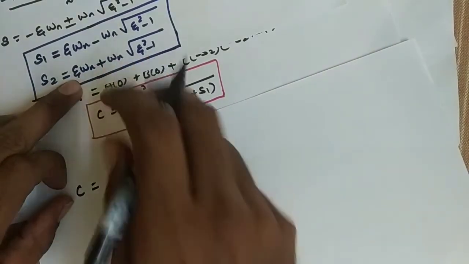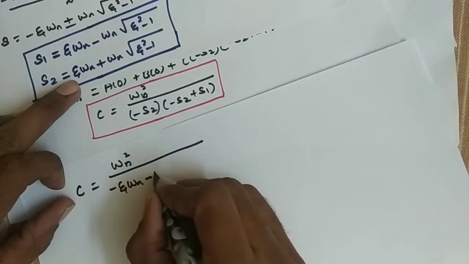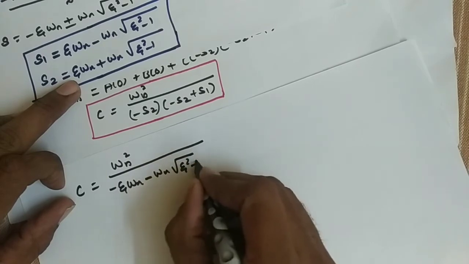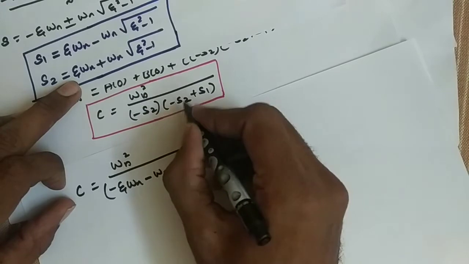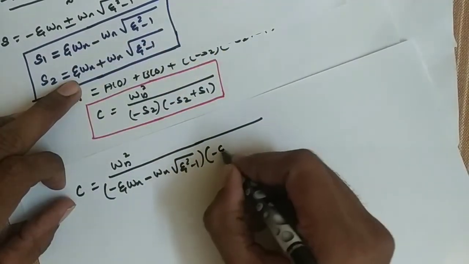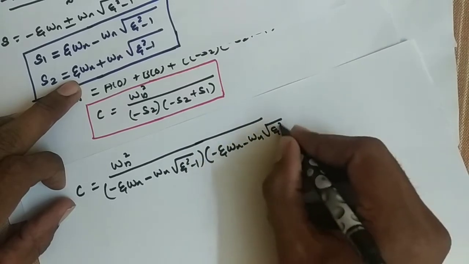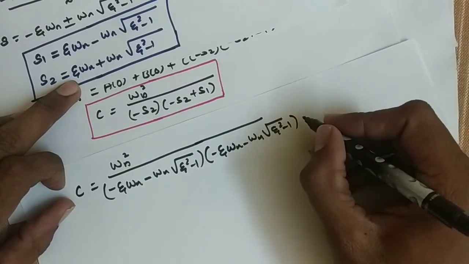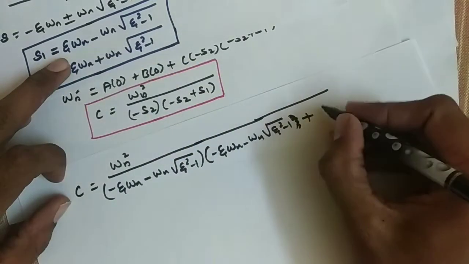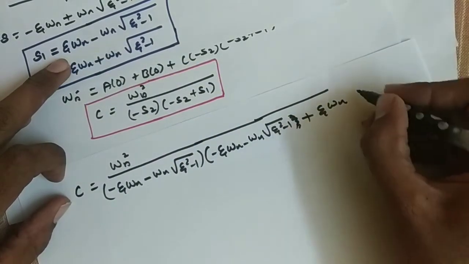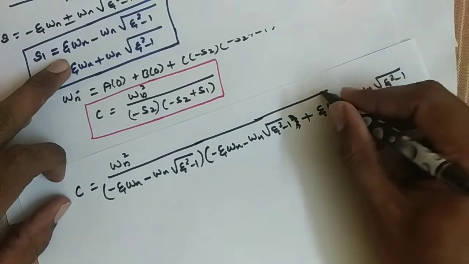S2 is here, so minus S2 means minus eta omega n minus omega n root of eta square minus 1, into the same term, eta omega n minus omega n root of eta square minus 1, plus S1, eta omega n minus omega n root of eta square minus 1.